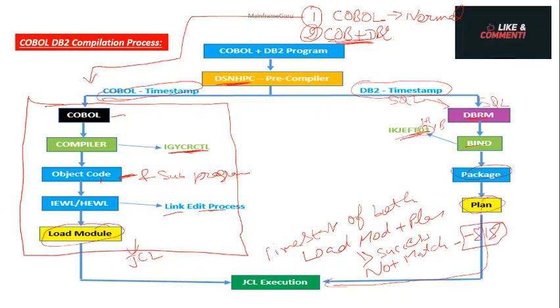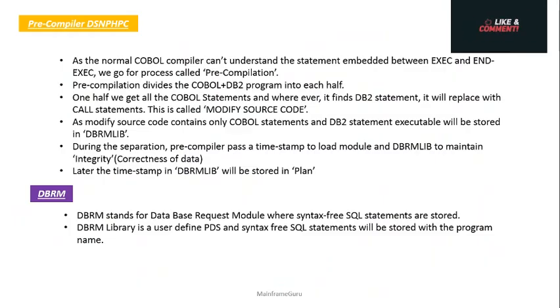Let's discuss it in brief. What is the pre-compiler DSNHPC? The normal COBOL compiler can't understand the statements embedded between EXEC SQL and END-EXEC, so we go for a process called pre-compilation.